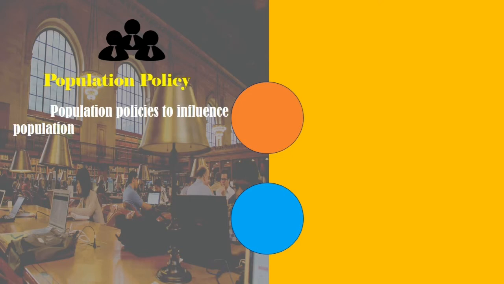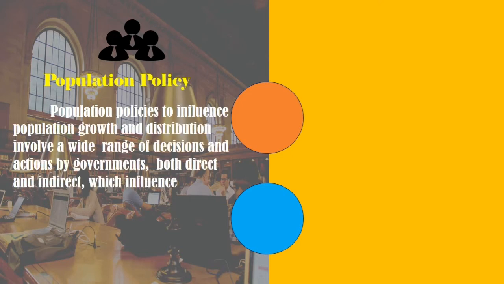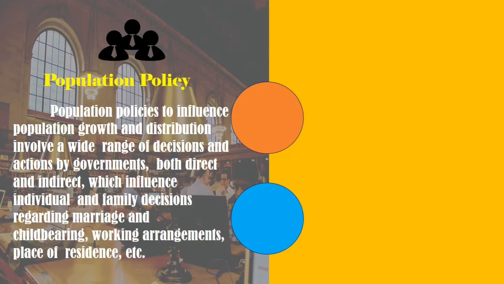These are policies used to influence population growth and distribution that involve a wide range of decisions and actions by governments, both direct and indirect, with the intention of influencing individual and family decisions regarding marriage and childbearing, working arrangement, place of residence, and many others.